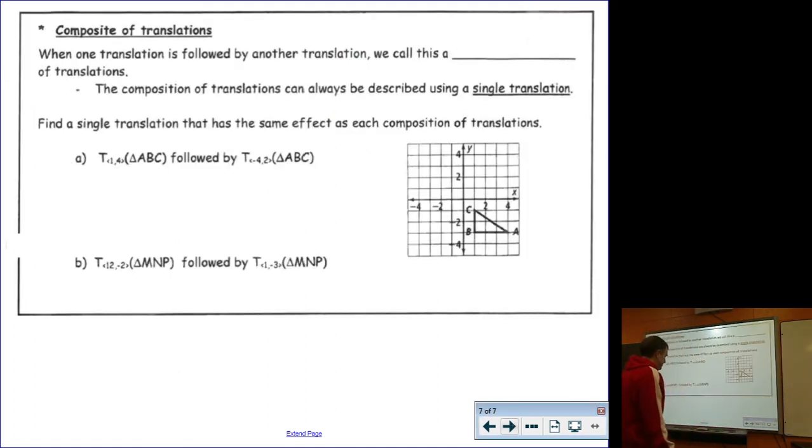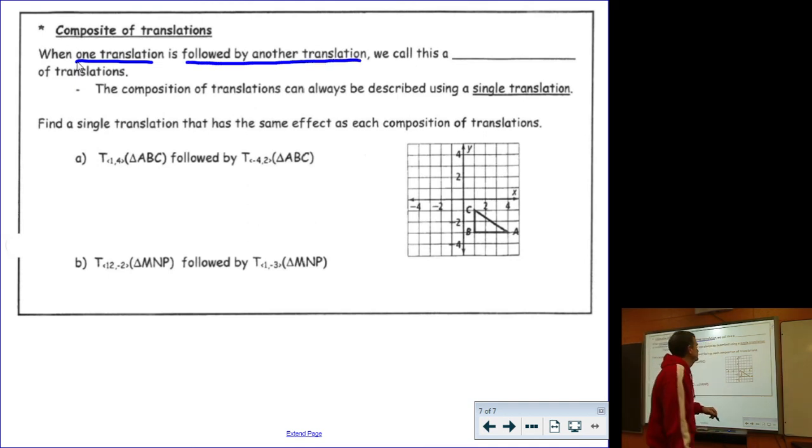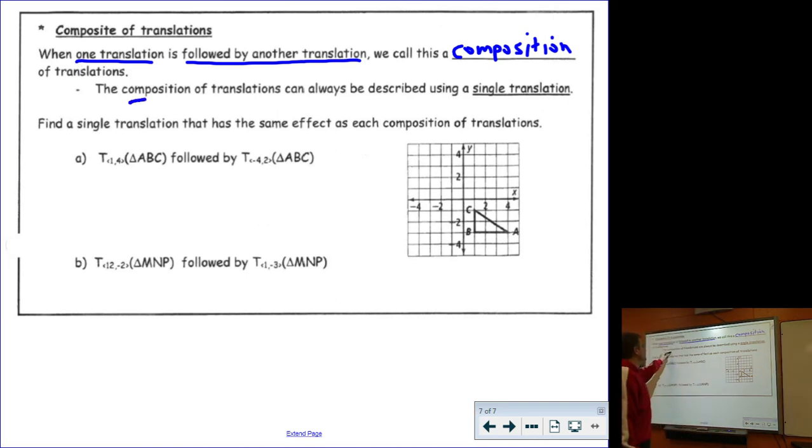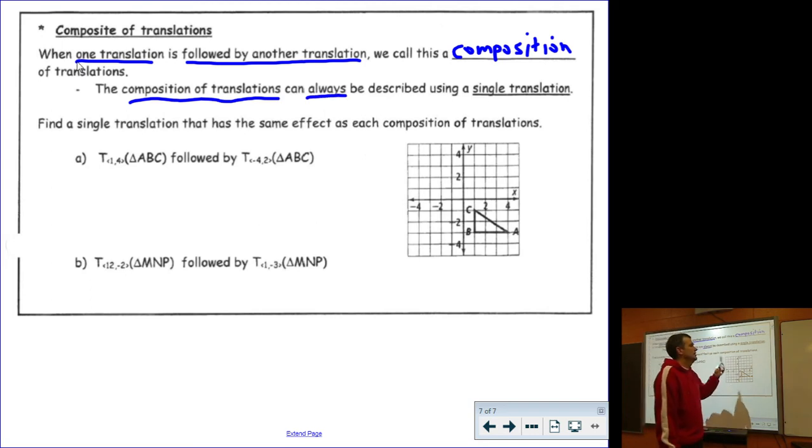All right, last up is this thing that we call a composite of translations. When one translation is followed by another translation, we call this a composition of translations. All right, the composition of translations can always be described using a single translation.